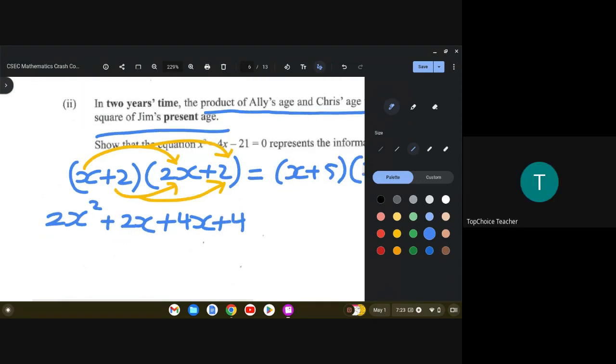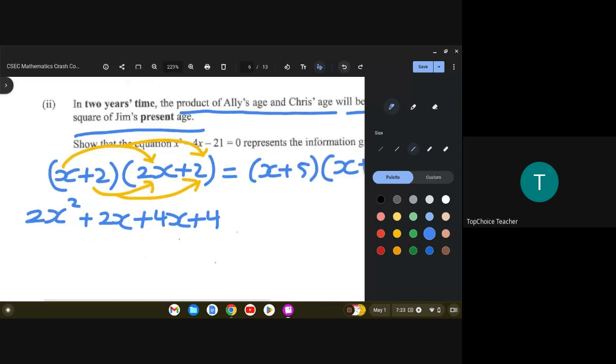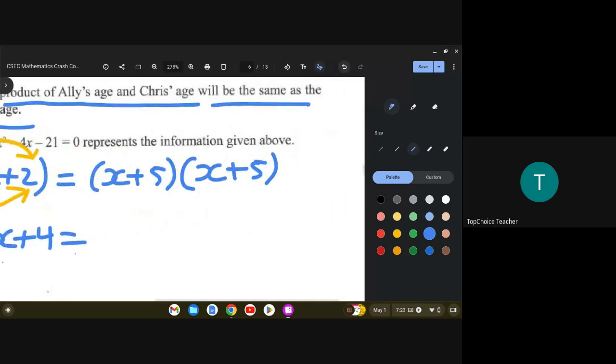So what we did is we expanded this. Notice we already have something kind of quadratic, that is important. We put our equal sign. We're going to do the exact same thing to here now. What is x times x? x squared. Very good. What is x times 5? 5x.